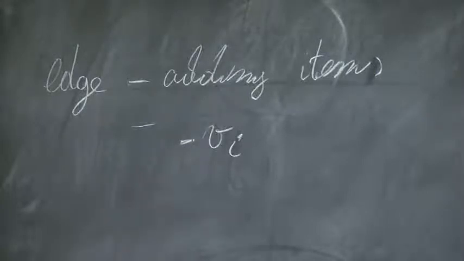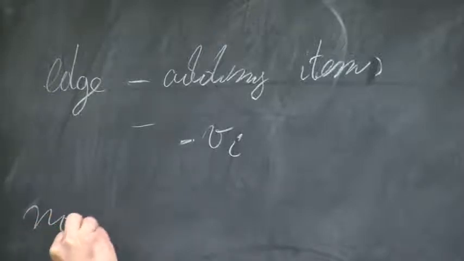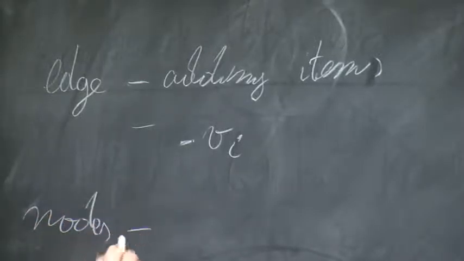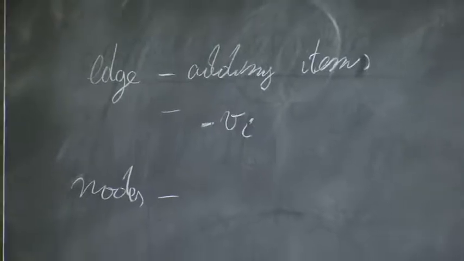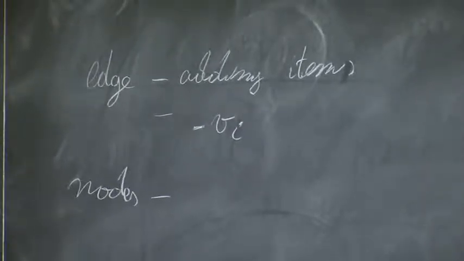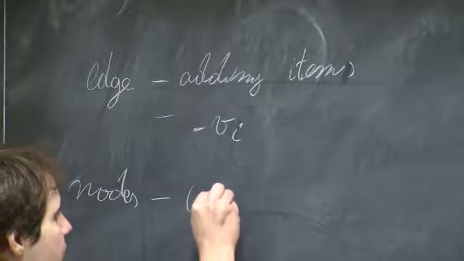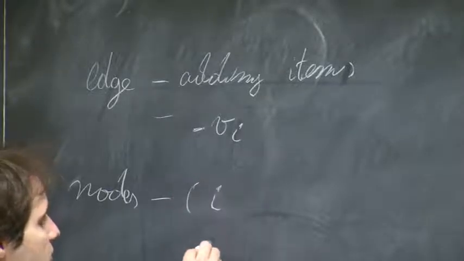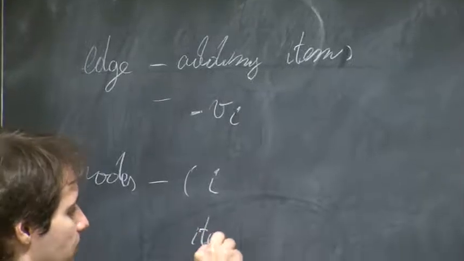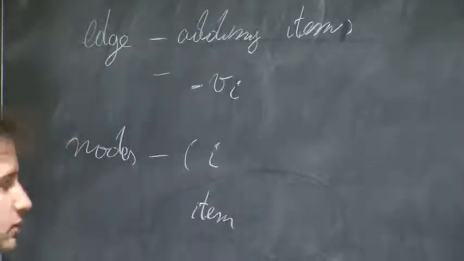Okay, so what's a node? A unique set of items. Okay, so the state in a node is going to have I, which is the item that I'm looking at, because this way I'm going to have one node for each item.